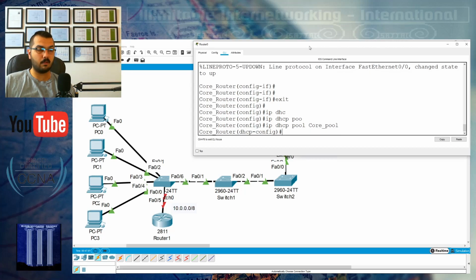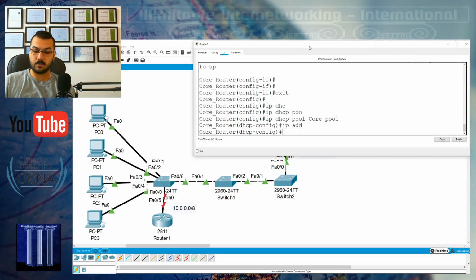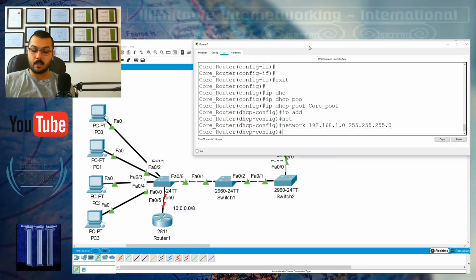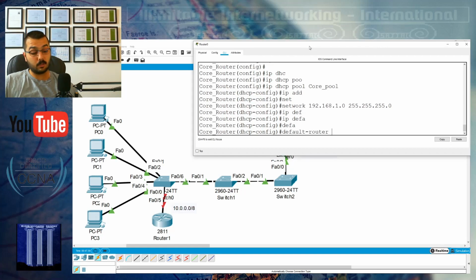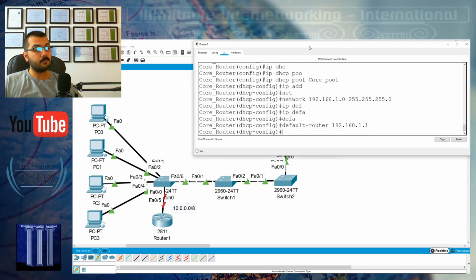We have entered the hierarchy of DHCP-config. The network will be 192.168.1.0 /24. The default gateway, it's a default router, will be the IP of the interface.